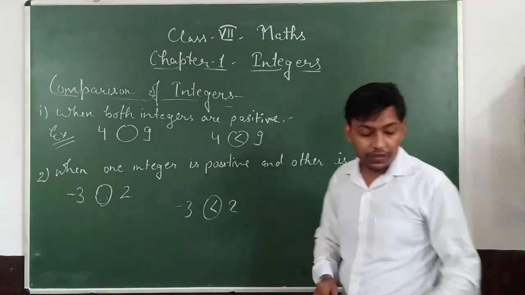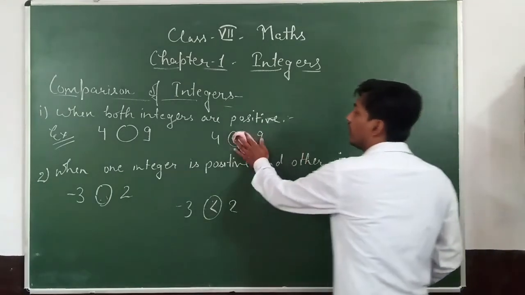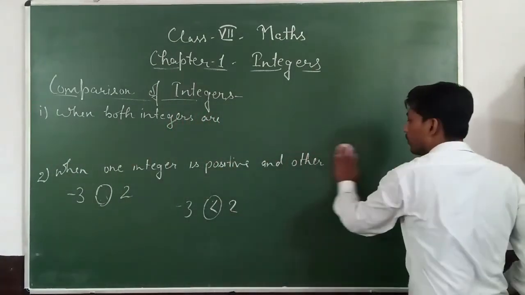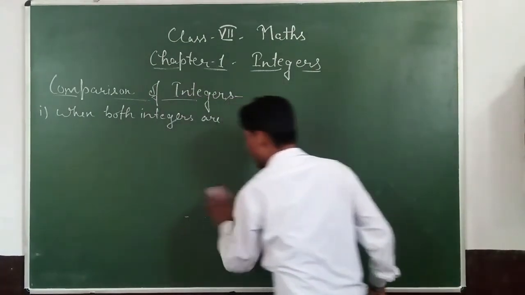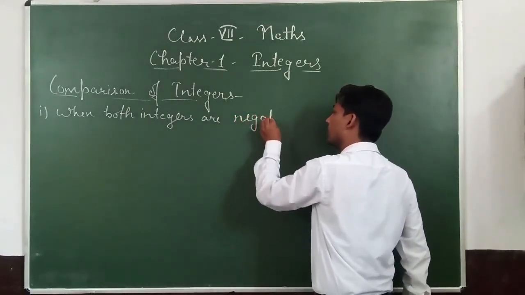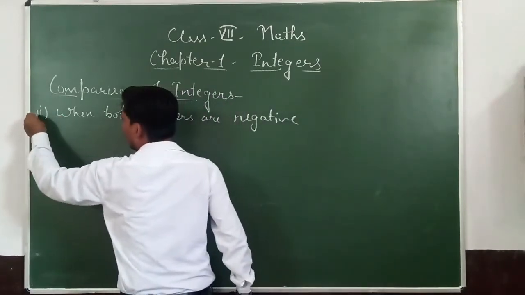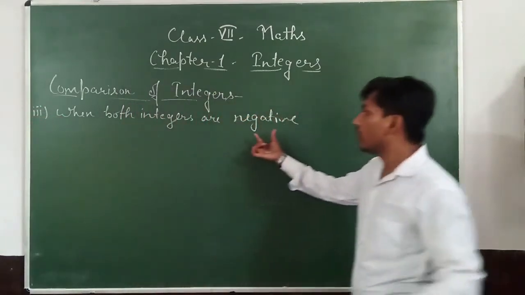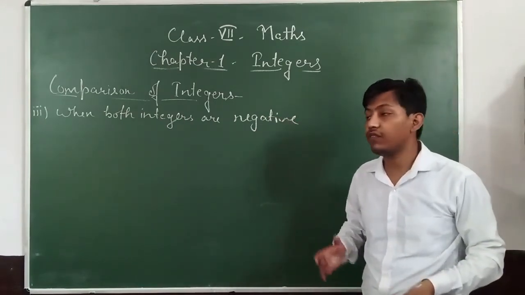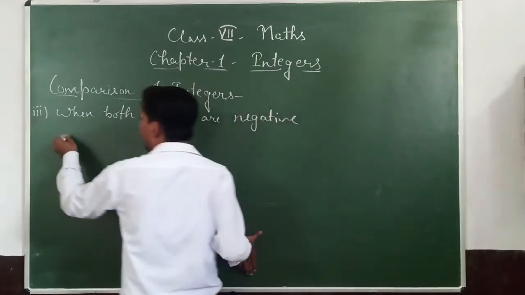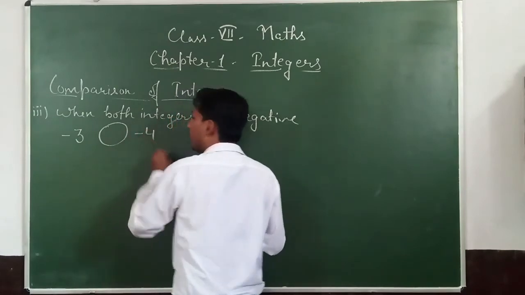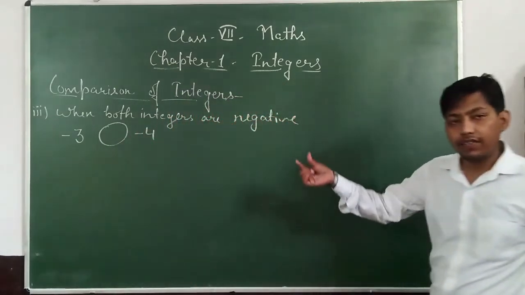Now the third condition, when both integers are negative. Listen very carefully. When we have two negative integers, how can we compare which one will be greater? For example, -3 and -4. We have to compare -3 and -4.